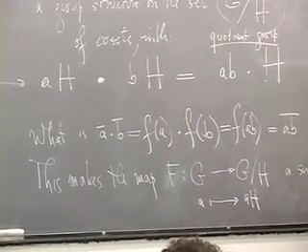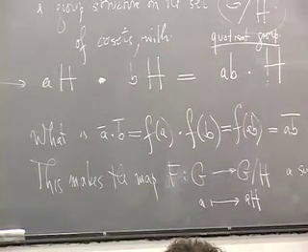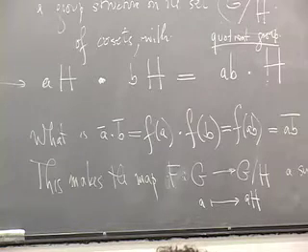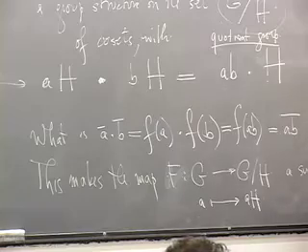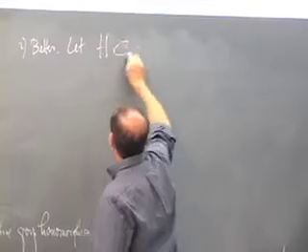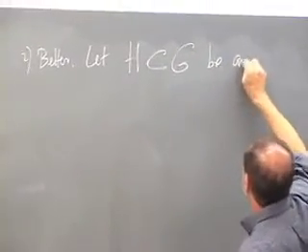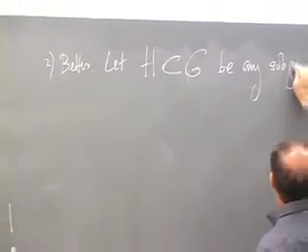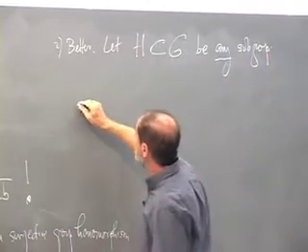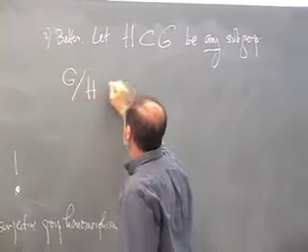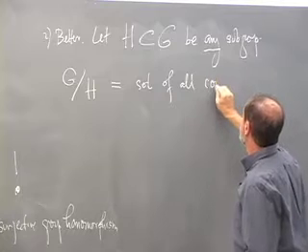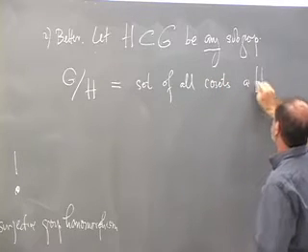Now, this worked pretty well. Let's forget that we had a homomorphism. Let H in G be any subgroup. Let the cosets G mod H be the set of all cosets aH.